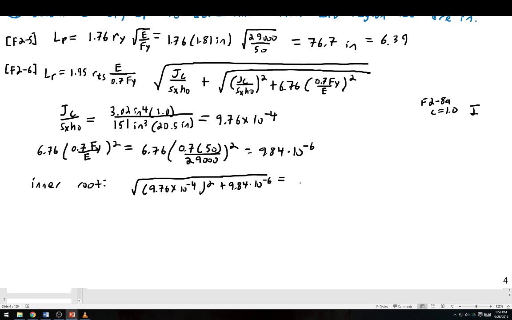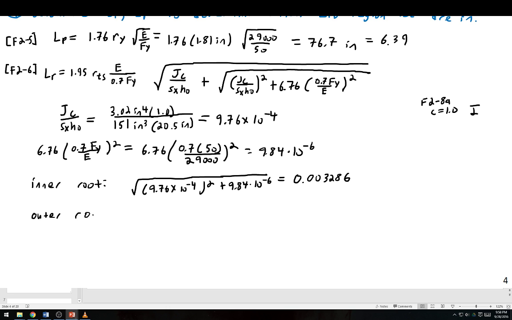And so my inner root is going to come to 0.003286 here. Next, what I call the outer root: I don't need to square this one because this thing already has the square on it. But this one did not have a square, so that's why I squared it here. Then my outer root is basically everything under this root, and I'm just turning this into a decimal now.